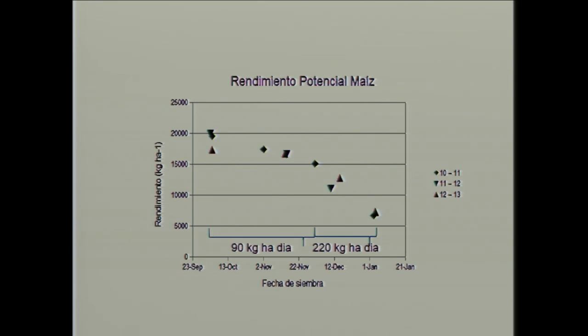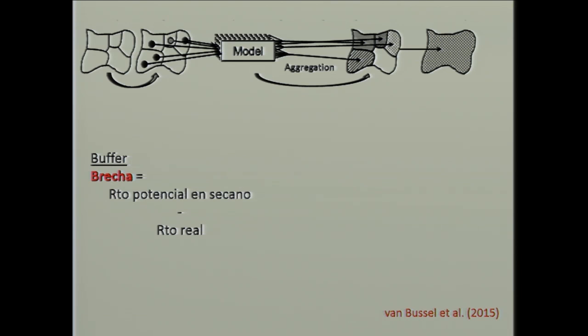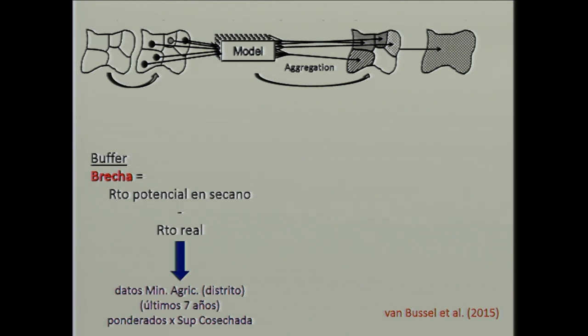Here we can see the corn crop potential yield depending on the planting date. This gives us very good data of potential yield. And so this allows us to calibrate this potential yield. So the gap is the difference between the potential yield, this is in a dryland system, minus the real yield.